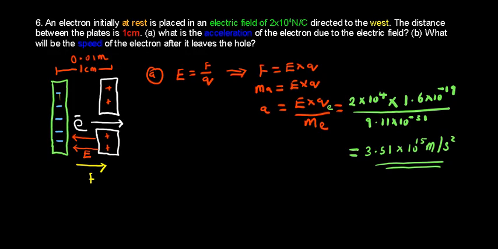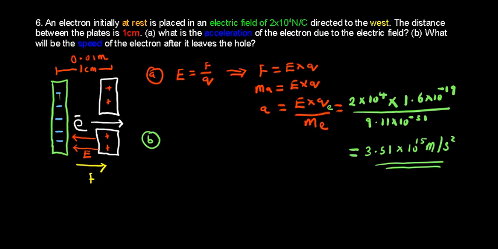Part B said, what will be the speed of the electron after it leaves the hole? So from kinematics, we have equations for linearly accelerated motion.